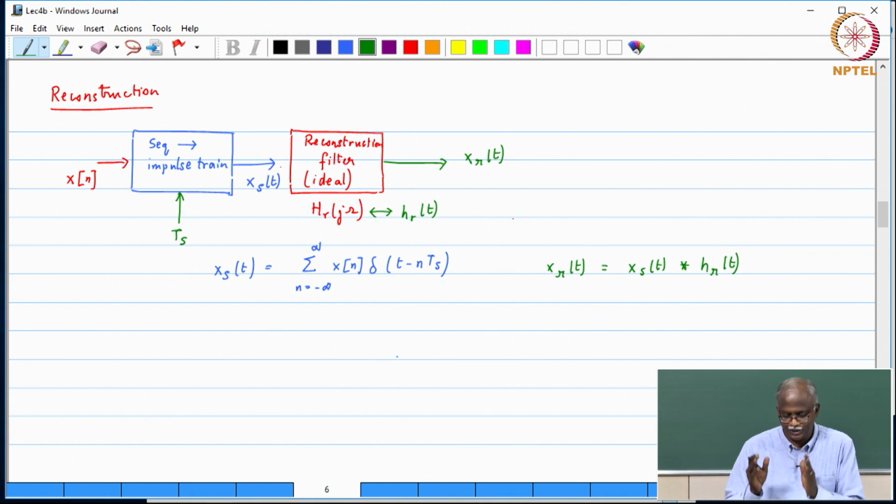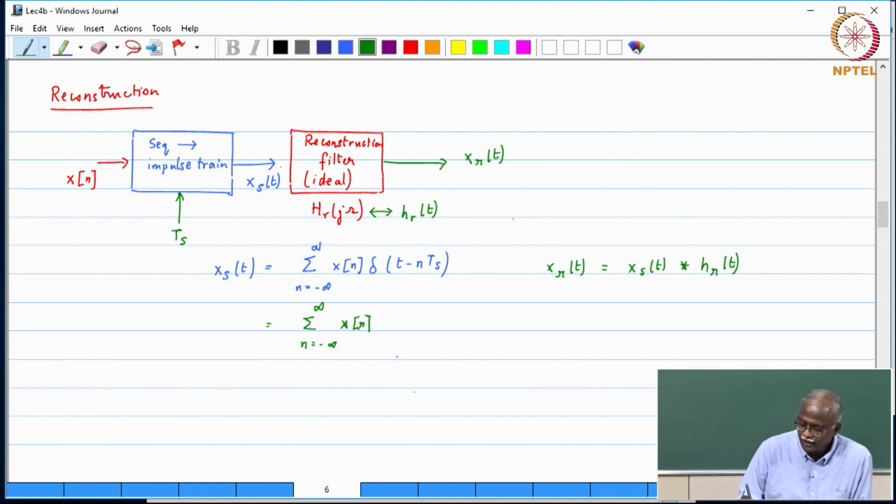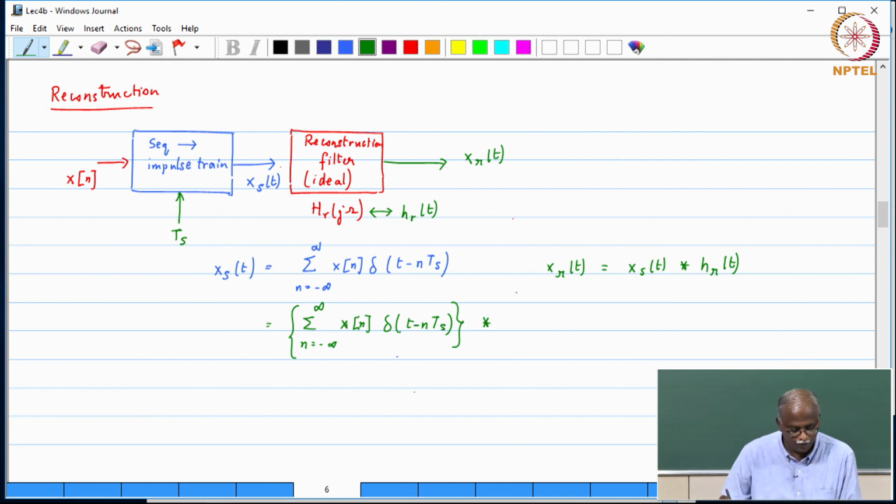Basically, I am looking at the input and output of an LTI system: the impulse response convolved with the input gives me my output. So, if you write down the expression now, we get a very interesting result. It is summation n equal to minus infinity to infinity x of n delta of t minus nTs, convolved with hr of t.